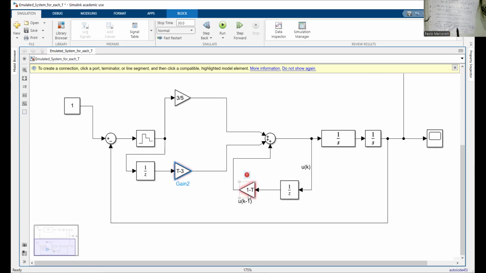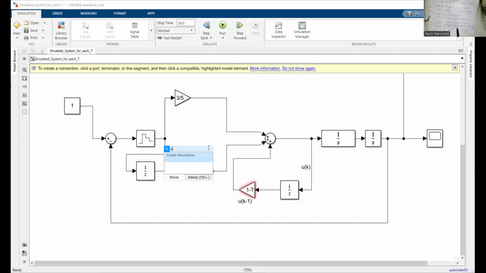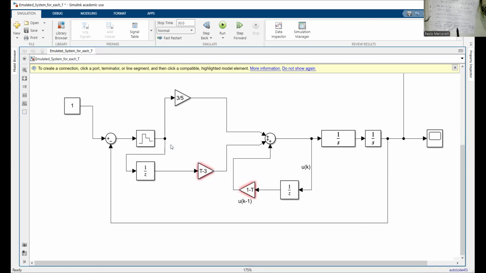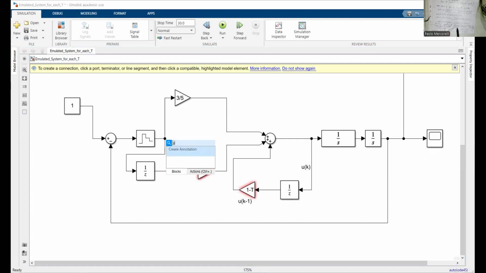Let me check together with you. Here we have e of k. Here we have e of k minus 1. Let me write the notation.